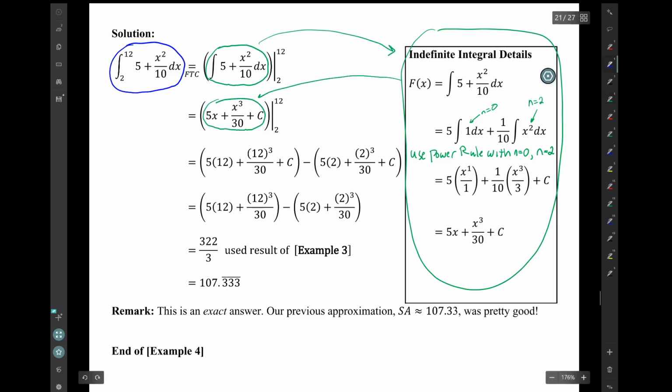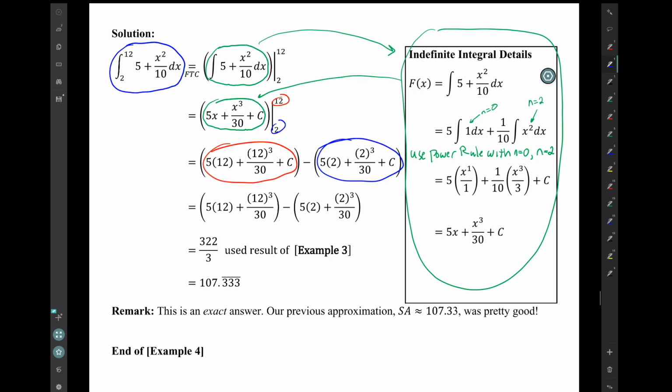And then we do what this symbol tells us. That is, we have to compute the change in that quantity from 2 to 12. That means that we substitute 12 in to get this expression, and we substitute 2 in to get that expression. And then we subtract.